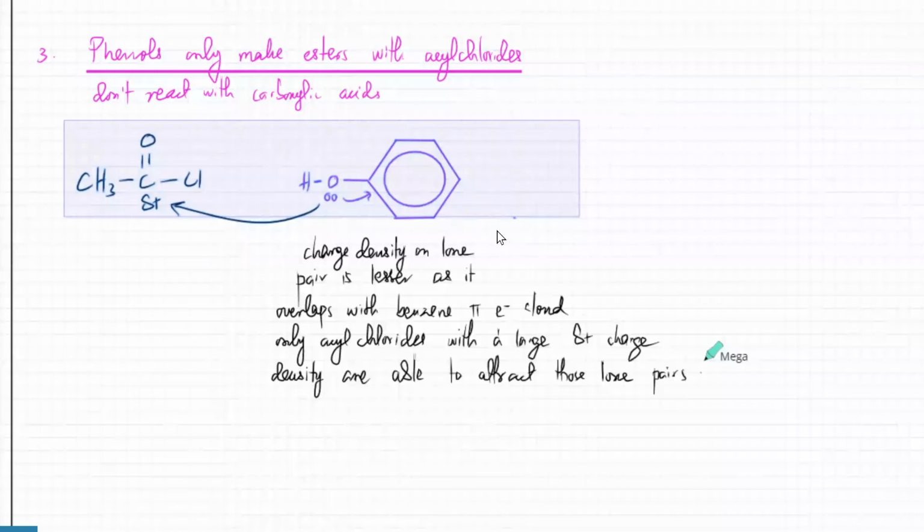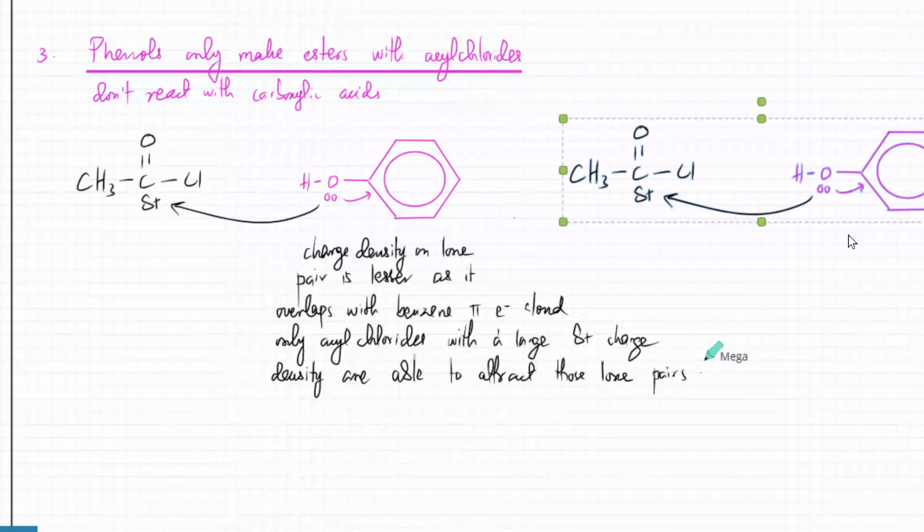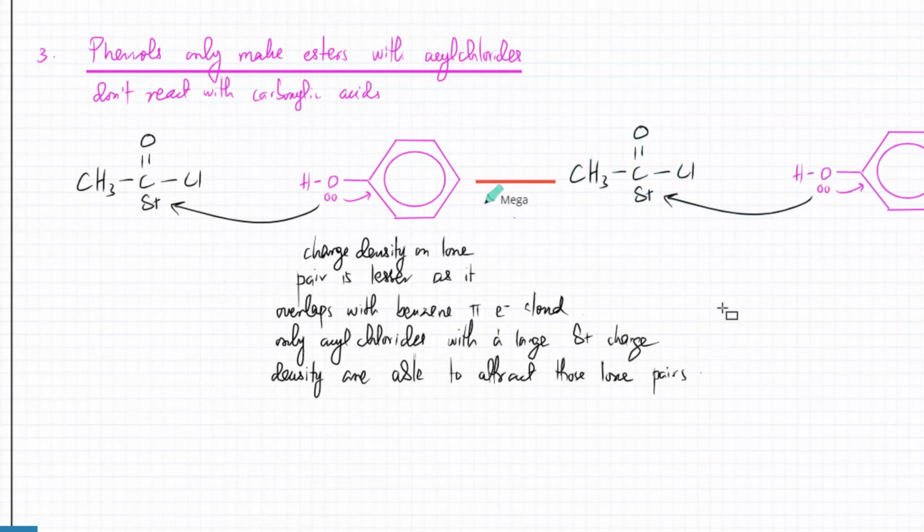Anyway, just remember, phenols are only going to make esters with acyl chlorides, and the ester would be formed in pretty much the same way: the Cl would be lost and the H would be lost, and the two would link up. HCl is going to be your byproduct.